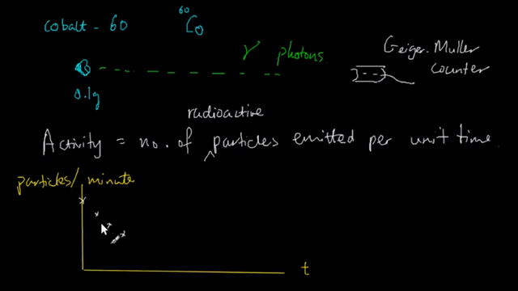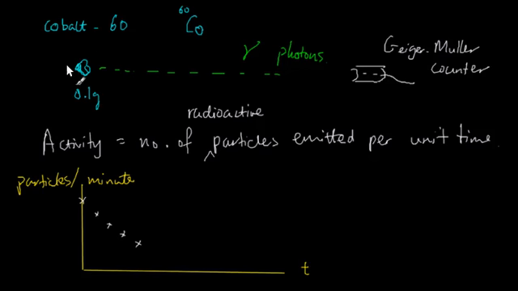What you'll find is that when you plot the graph, you get a graph that looks like this. It doesn't actually go down in a straight line. Okay, well, it would go down because more and more of the cobalt 60 has decayed, and those atoms that have emitted gamma photons would not emit anymore. So only the remaining cobalt 60 atoms would continue to emit gamma photons.